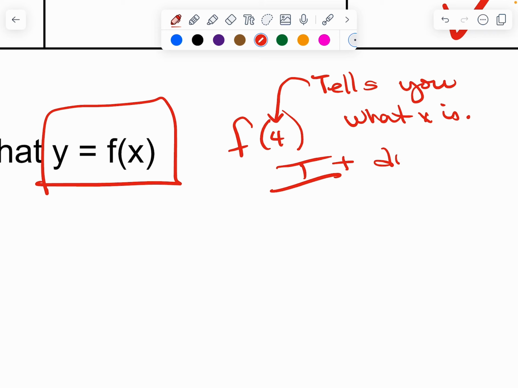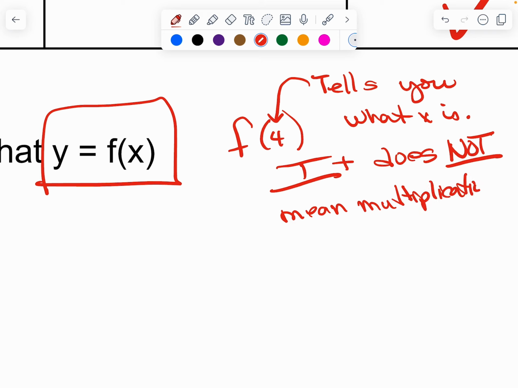It does not mean multiplication. It does not mean multiplication. All it's telling you is what you're plugging in for the x value.